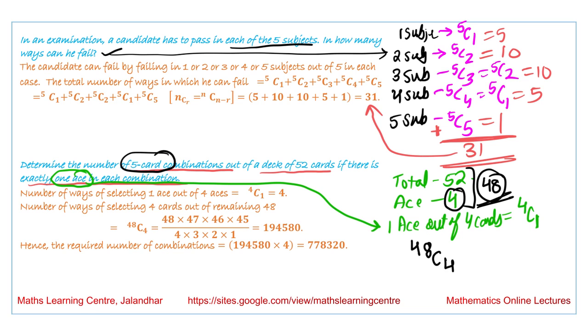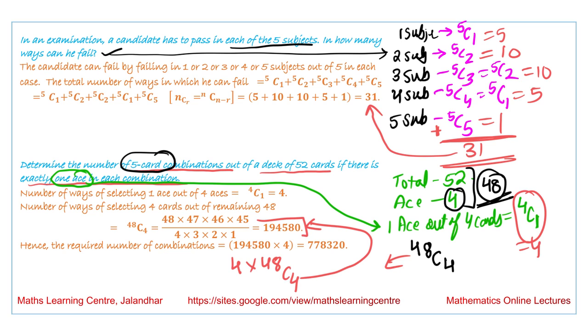The final answer is 4C1, which is equal to 4, into 48C4. The value of 48C4 you can obtain is 194580, and you multiply this value with 4, you obtain the answer as 77830.